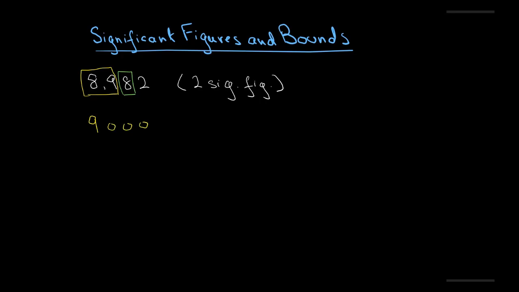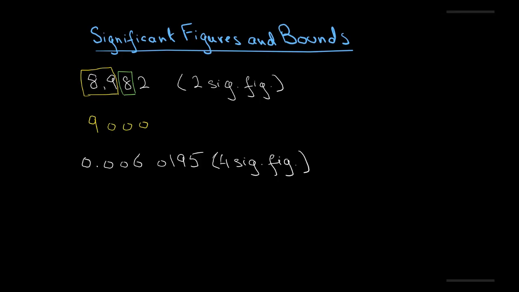Let's take another example, maybe like 0.006195, and I want to round it to four significant figures. Now please note that the zeros are coming in different flavors.